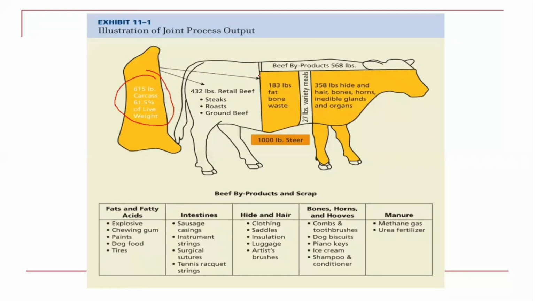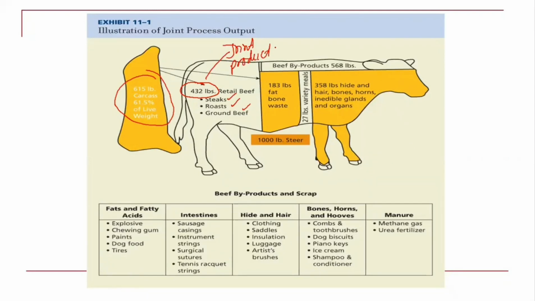Now, itong baka na to, kapag nagkatay tayo ng baka, syempre, yung laman ng baka, yung meat niya for that could be used for steak, that could be used for roasts, that could also be used for ground beef. Parang sinabi rito na 432 pounds of the retail beef diyan mapupunta. So pwede natin ibenta. These are what we call the joint products.